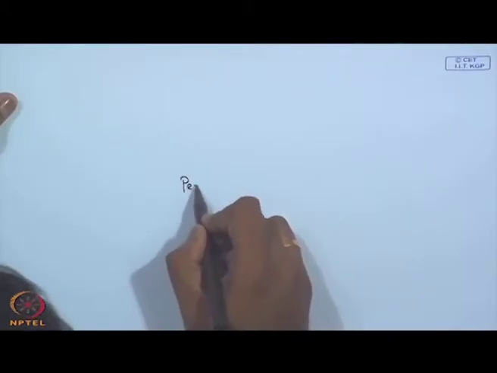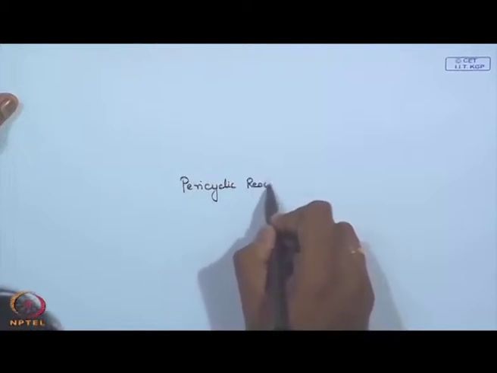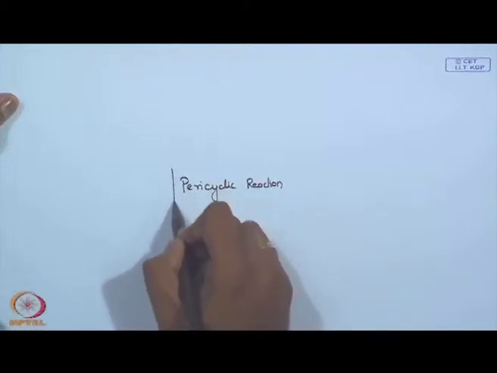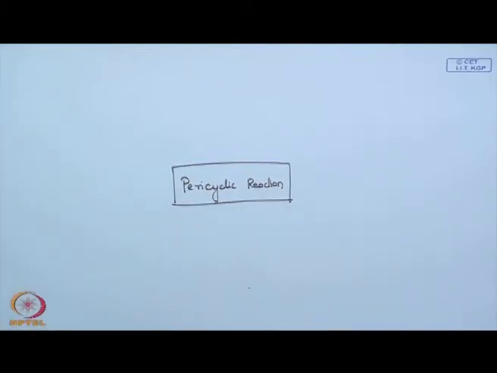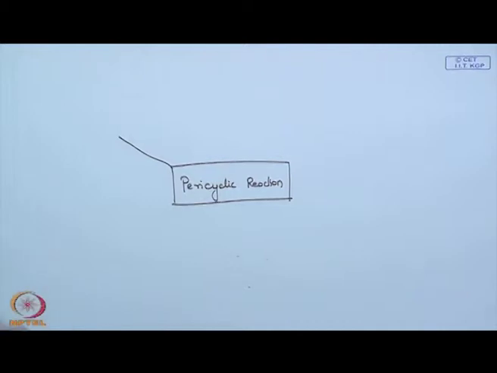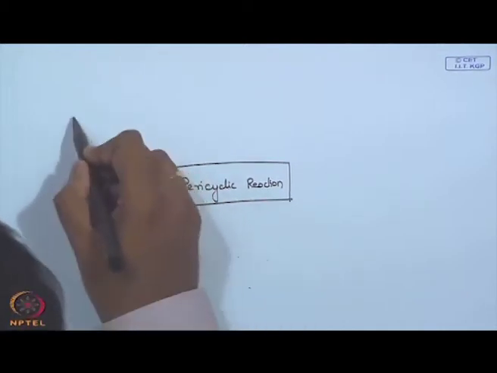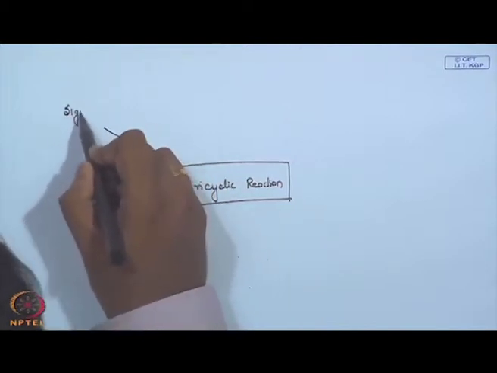So that is more about the end of our pericyclic reactions. Let us see what we have studied in pericyclic reactions. Initially, we first talked about an important reaction, the sigmatropic reaction.